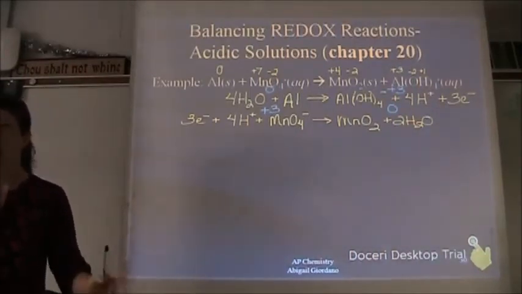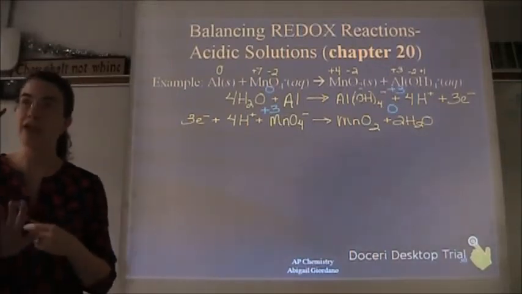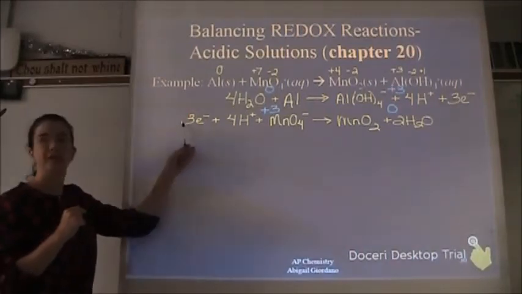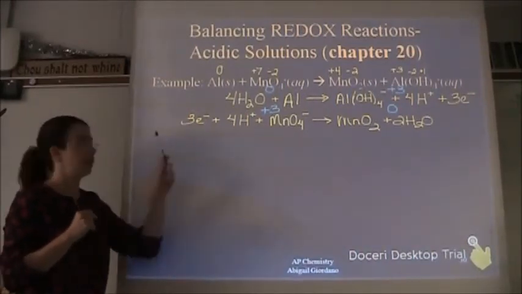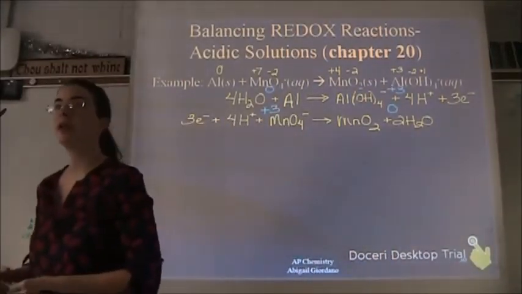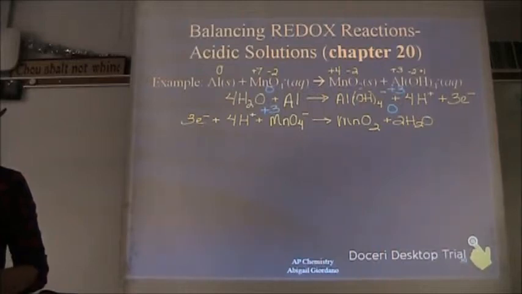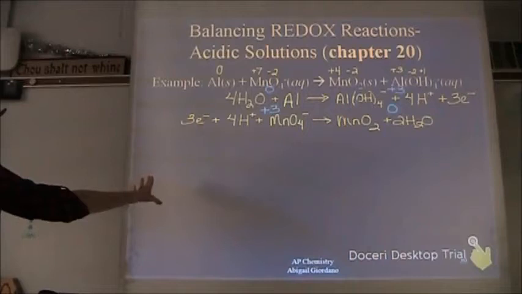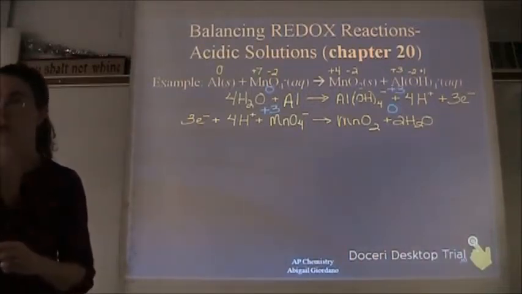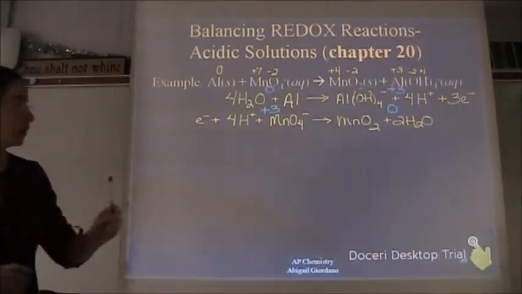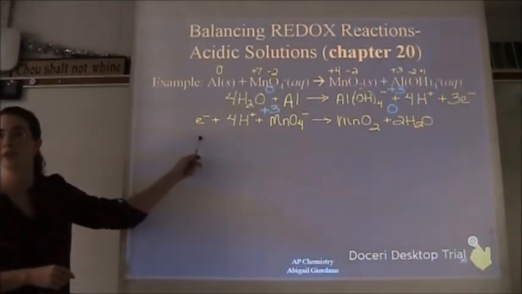Okay. Now, the other thing to think about is that the number of electrons on the left and the number of electrons on the right must be equal to one another. And we got lucky here because automatically they are. Tell me though, what happens if I ran into a situation where this didn't have a coefficient of 3?